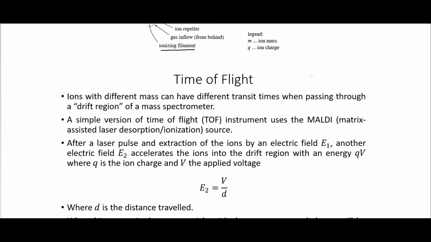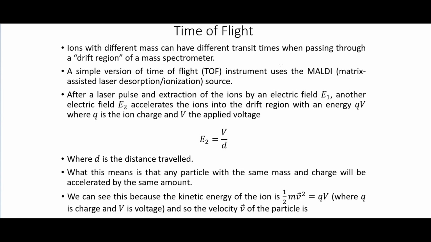So another popular one is what's called time of flight. It's just based on how long they are actually moving. Ions with different mass can have different transit times when passing through a drift region of a mass spectrometer.